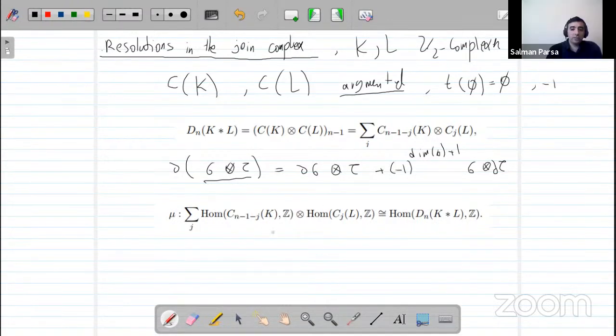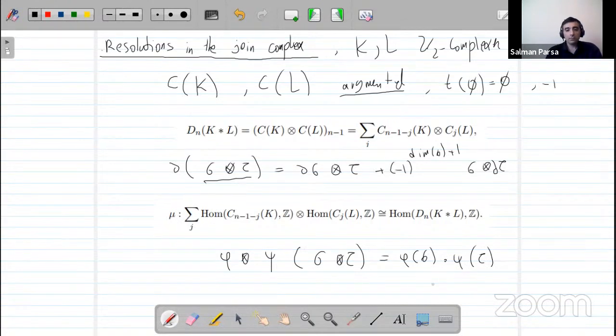And so we can also write this for cochains. It means that the cochains for the join complex are essentially the tensor products of the cochains of the factors. And when you compute this on some sigma tensor tau, it is simply the value of the first one computed on the first, and the second one computed on the second, and then you take the product.